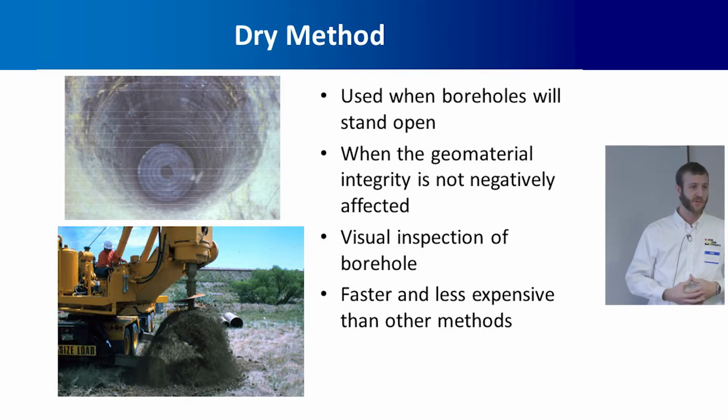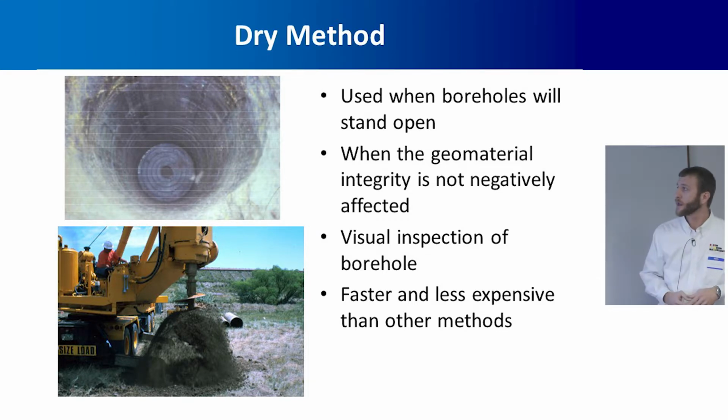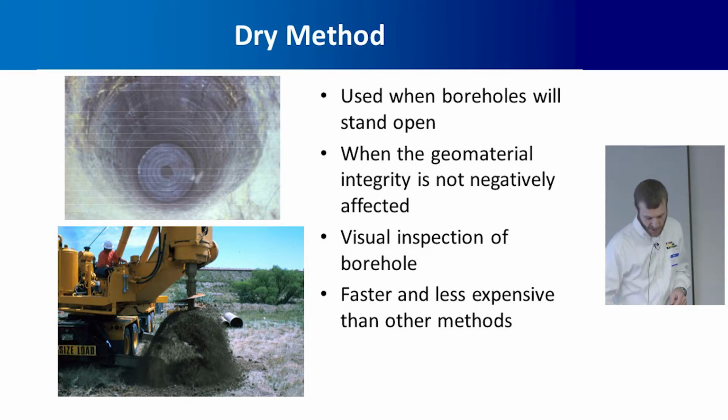So just looking at the most simple case, a dry hole with no casing. We do this when we've got materials that are going to stand open on their own. So it basically needs to be clay, or it could be rock. Certain rocks and soils can be negatively affected if exposed, so we wouldn't want to use the dry method where it would negatively affect the performance of the shaft.